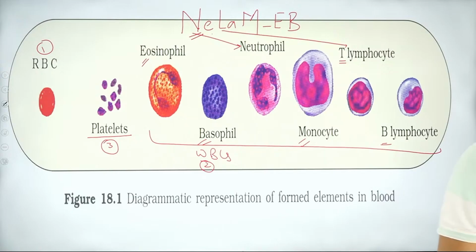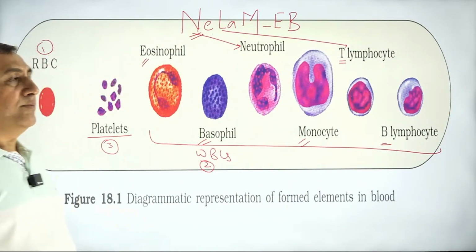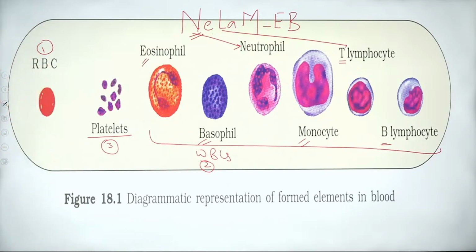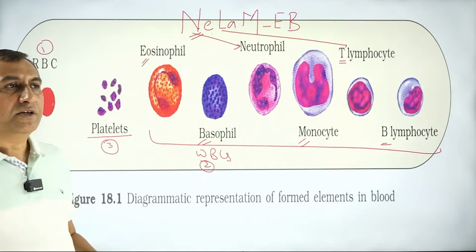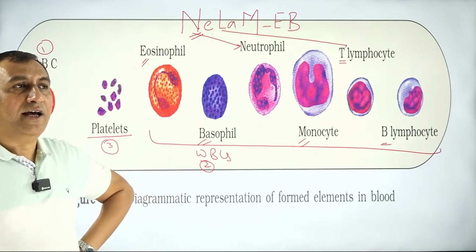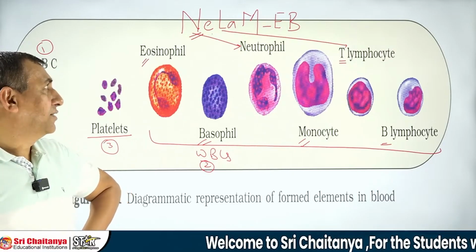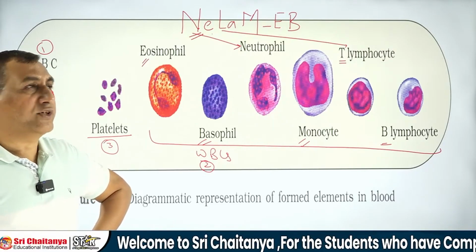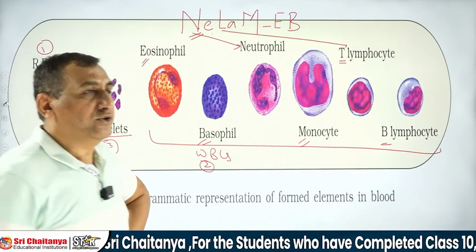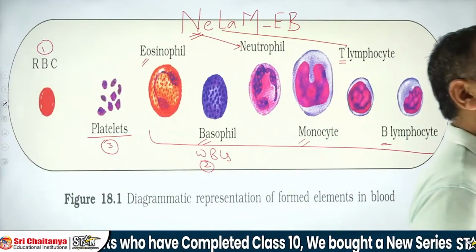This is the short form I have written to remember the names of the different WBCs. Neelam, EB: N for neutrophil, L for lymphocyte, M for monocytes, E for eosinophil and B for basophil. Okay.